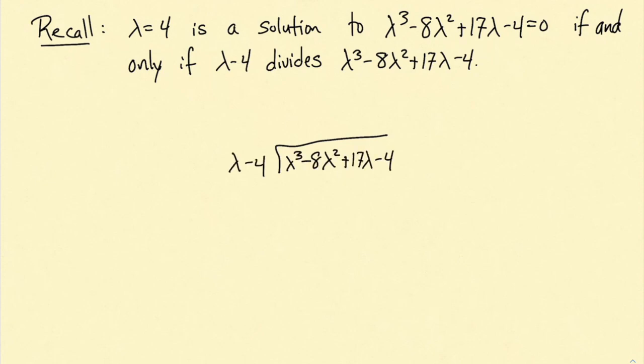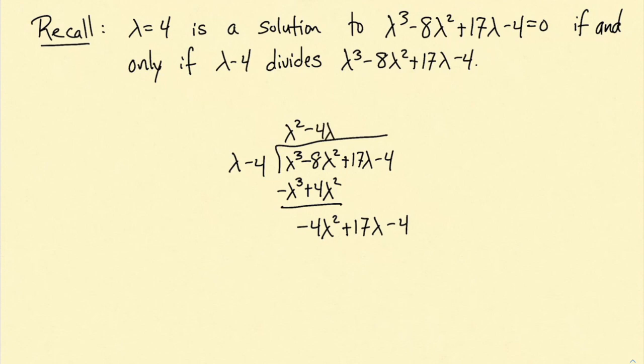First, we will multiply by lambda squared. So when we subtract lambda squared times lambda minus 4, that's the same as subtracting lambda cubed and adding 4 lambda squared. The lambda cubes, of course, cancel out, so we're left with -4 lambda squared plus 17 lambda minus 4. Next, we'll multiply by -4 lambda.